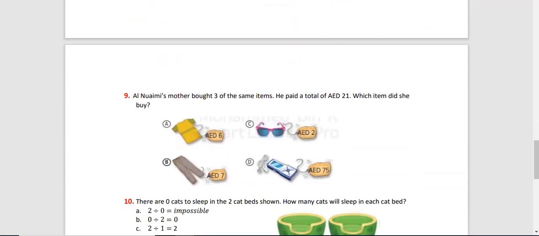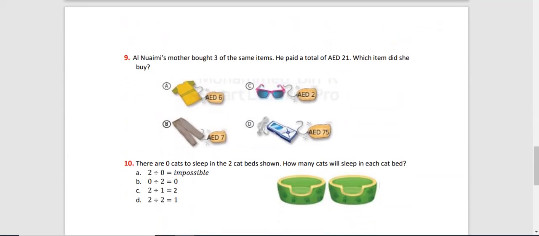Question number 9. Al-Nu'ami's mother bought three of the same items. He paid a total of 21 aid. Which item did she buy?